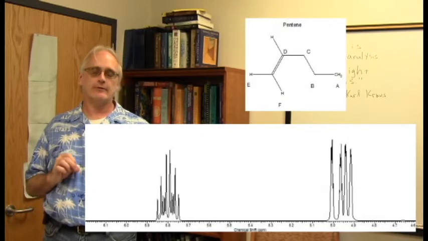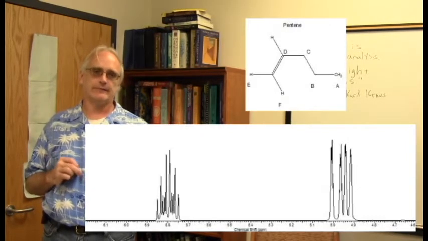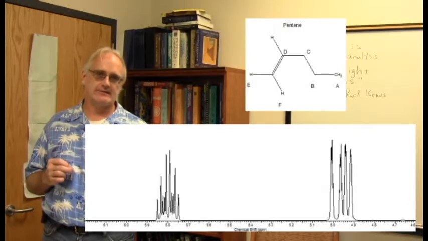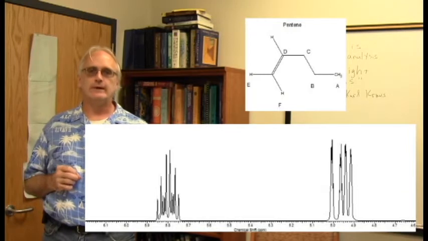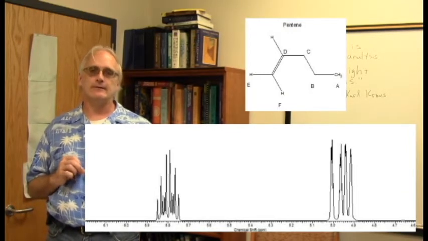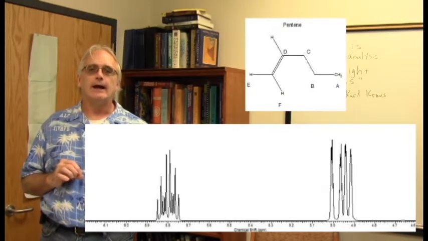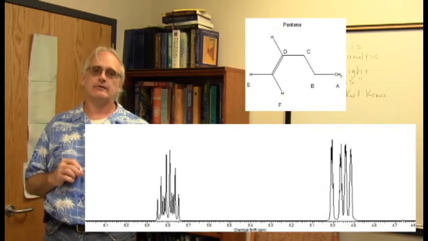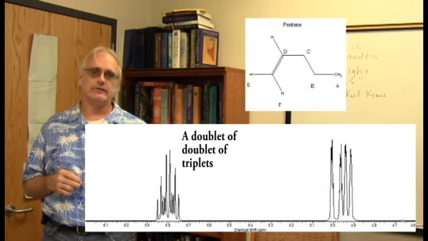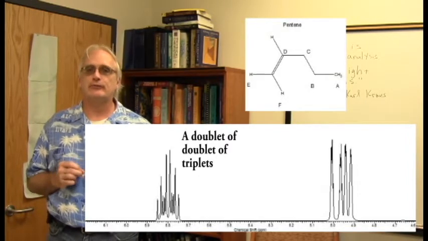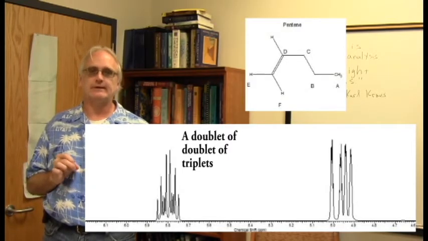But remember, proton D is also vicinal to the group of protons, the 2 protons at position C. And so I'm going to propose, and then we're going to prove, that this very lovely, just absolutely exquisite pattern that we see here at 6 ppm is actually a doublet of triplets. It is proton D under 3 separate influences. It's just a stunning pattern.